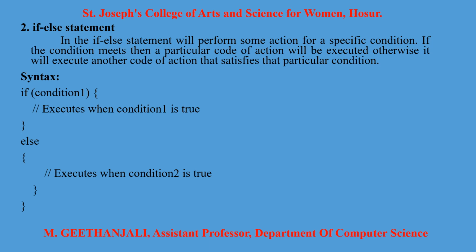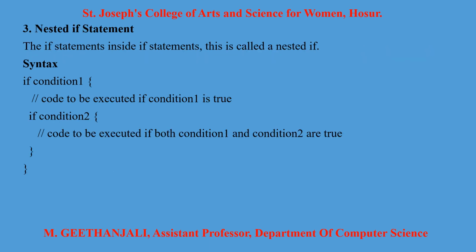If the condition is true, it will be executed, or else the false statement will be executed. The next one is nested if. An if statement inside another if statement is called nested if. If the condition is true, again a condition is checked, and if that is true, again a condition is checked. Likewise, it goes on.